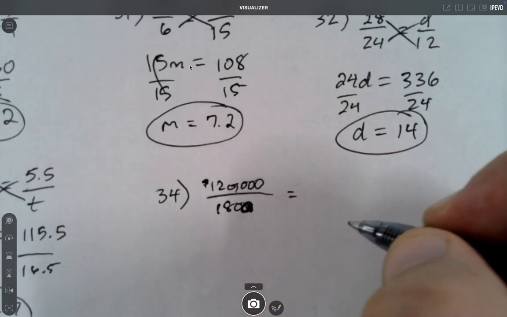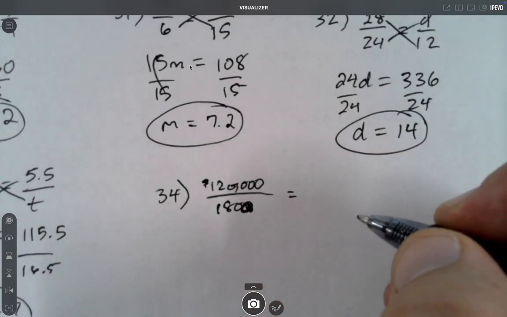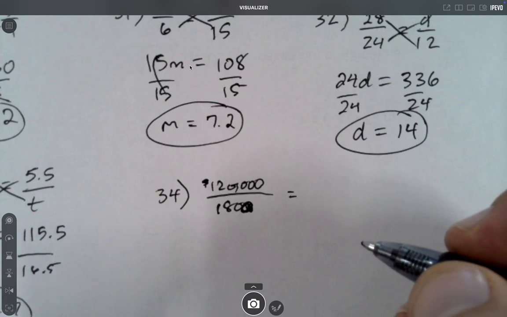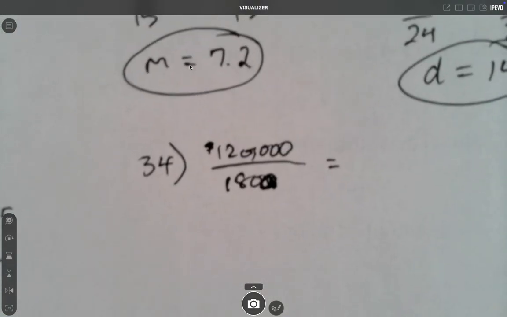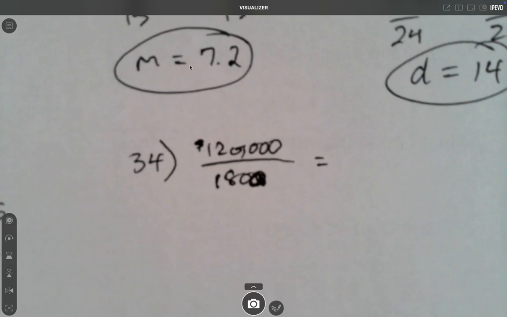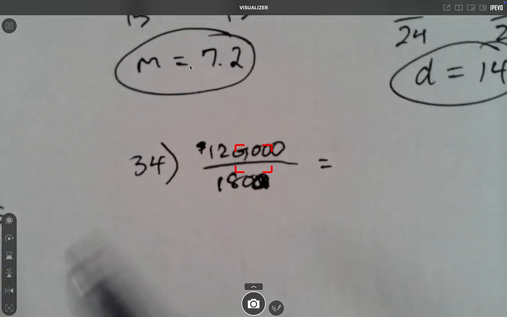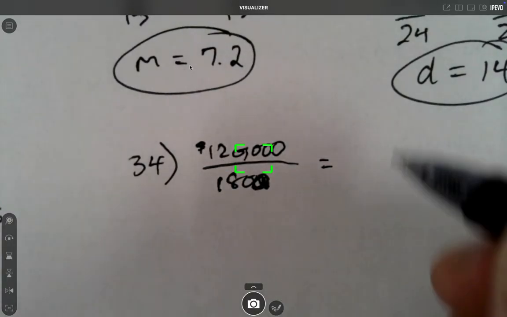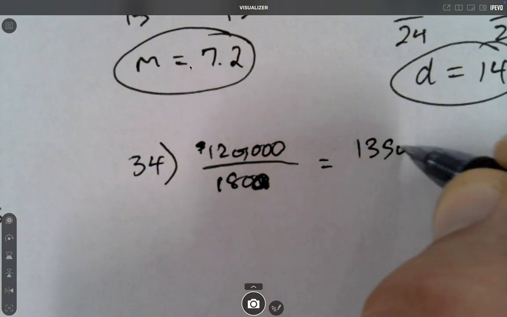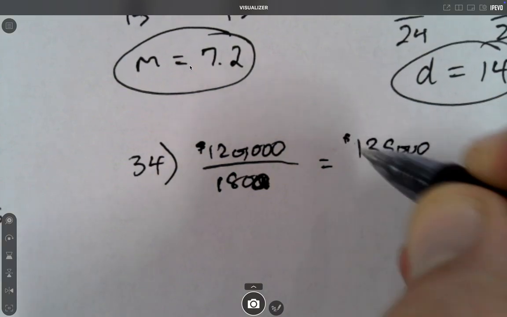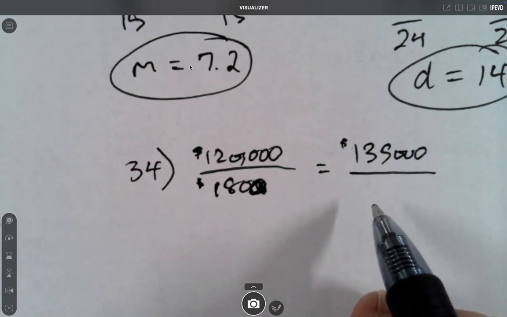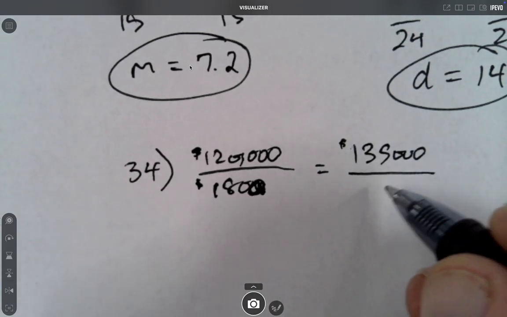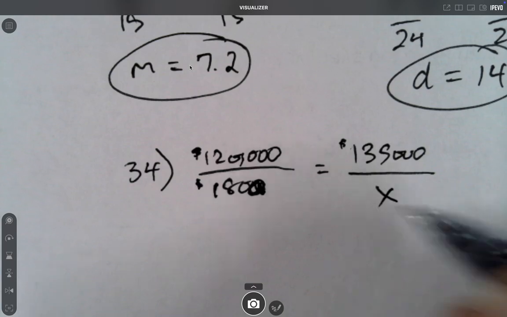So now we want to know, what is the tax on a house assessed at $135,000? So since we put the house's assessment on top of this fraction, we've also got to put it on the top of this fraction. Now what we don't know is the tax. So the tax goes on the bottom. We don't know it, so we just put an X.